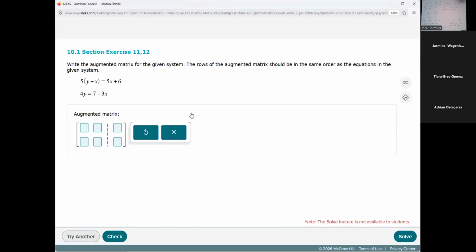All right, number 2. Here we're going to have to distribute first. So multiply the 5 here and here. So that would become 5y. Well, let's do this on paper. This is a lot more steps than I thought. One sec.